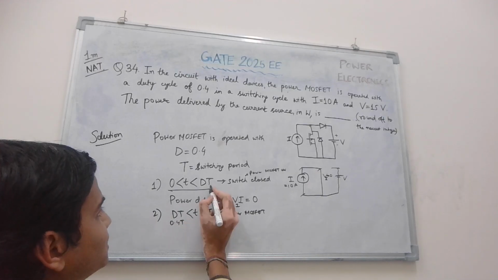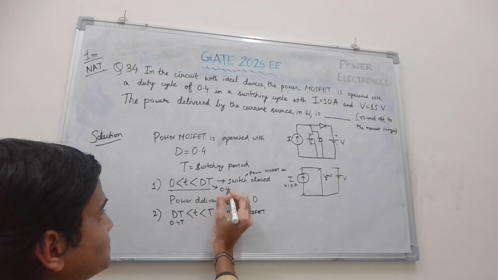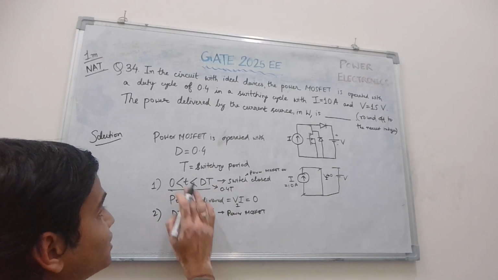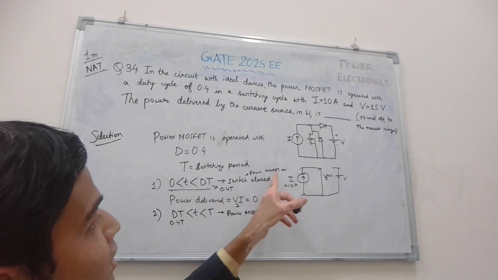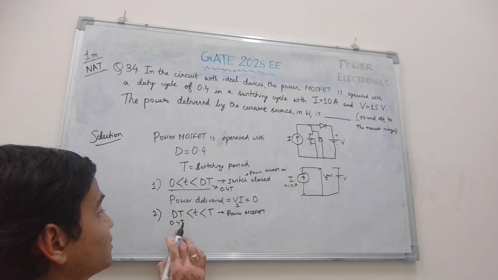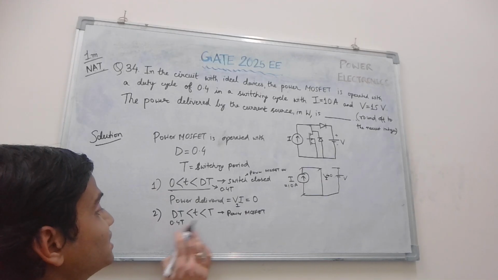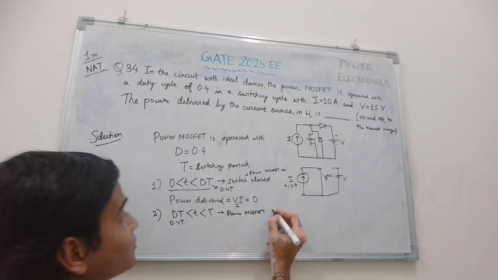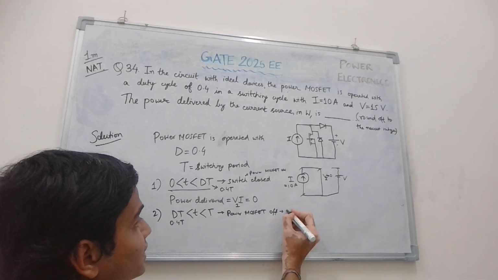With D given as 0.4, from 0 to 0.4T the switch is closed, power MOSFET on, and there is no voltage across the current source. For t between 0.4T and T, the power MOSFET is off. It is switch open.